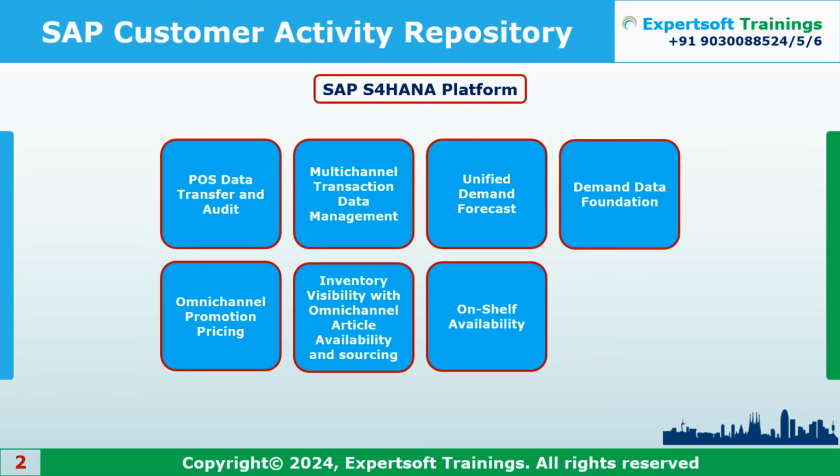And now there is a need for data because with the data we can run some analytics, we can run customer specific promotions, and we can understand the customer behavior and all that. With competition it became very important. So then SAP thought, look, we are getting so much data, but we are not doing anything with that. We are just wasting it.